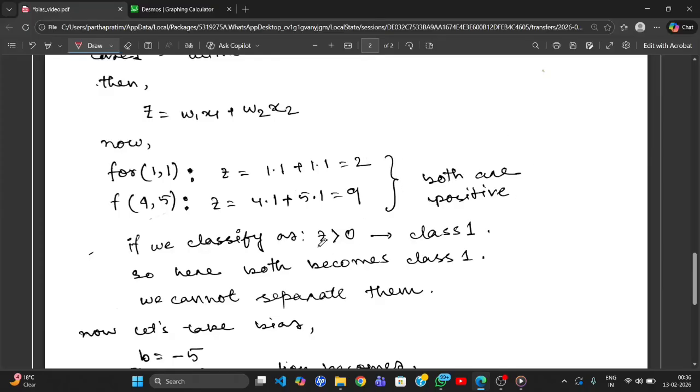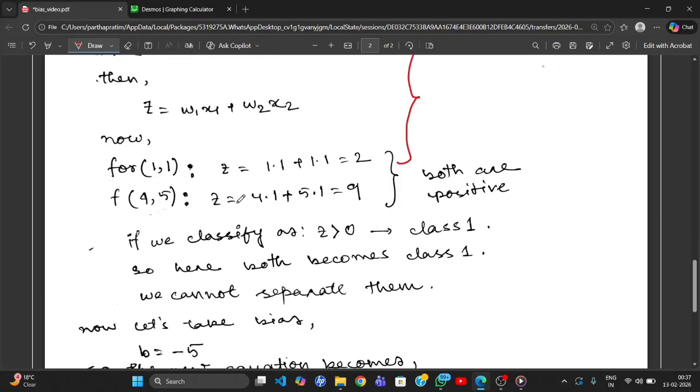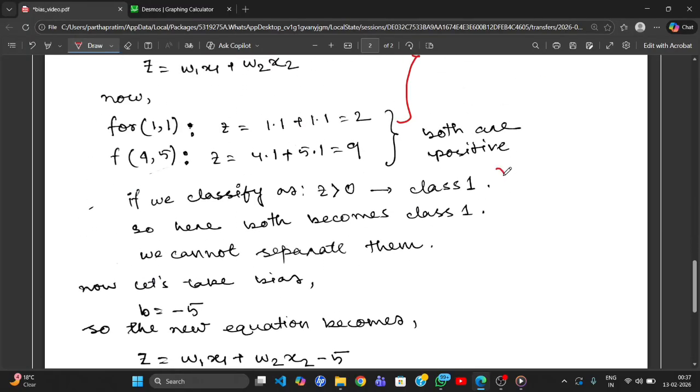Our classifier is designed in such a way that if the output is greater than 0, then it will be class 1, and if it is less than 0, then it will be class 0. In this particular example, if we remove the bias, we cannot classify the 2 points because both are positive and both become class 1. We cannot separate them.